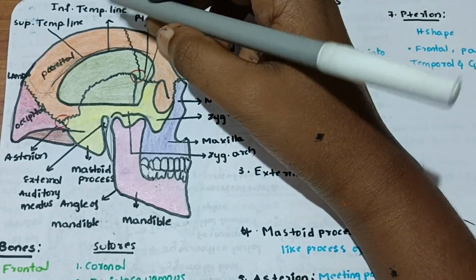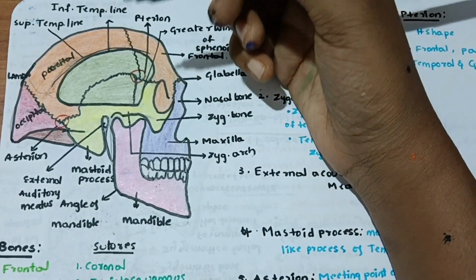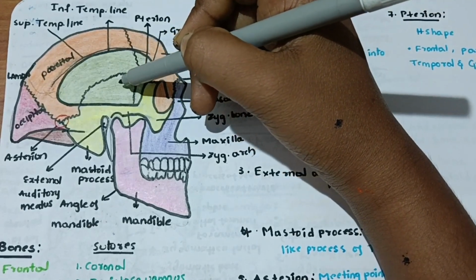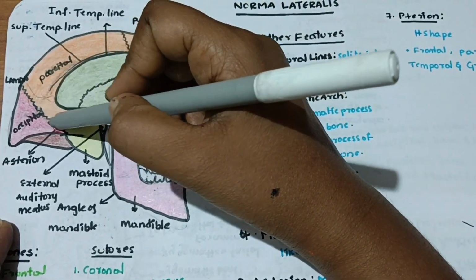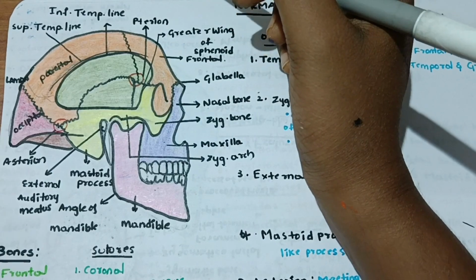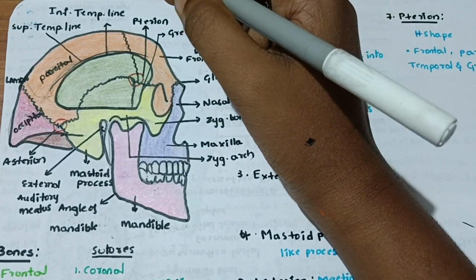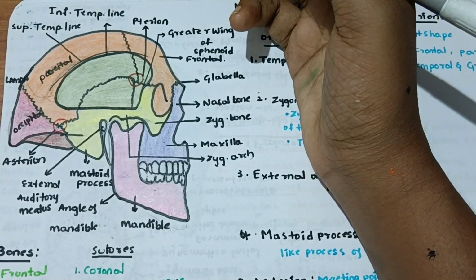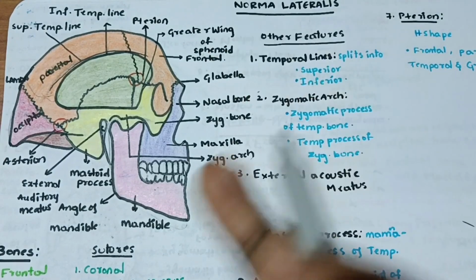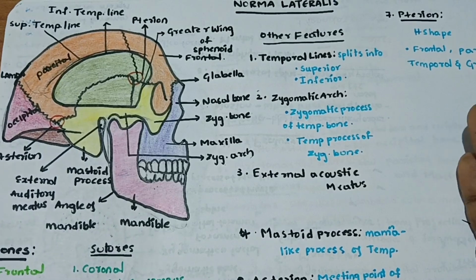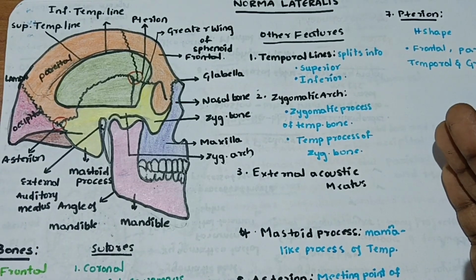Yes, and parietosquamous suture. And the last one is the lambdoid suture. What is the lambdoid suture? It is present at the posterior aspect, where it connects the two parietal bones with the occipital bone. Yes, these are the main bones and sutures that we can appreciate in the lateral aspect of the skull in the Norma Lateralis.